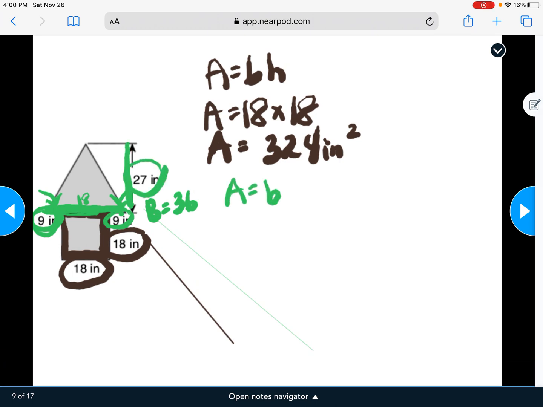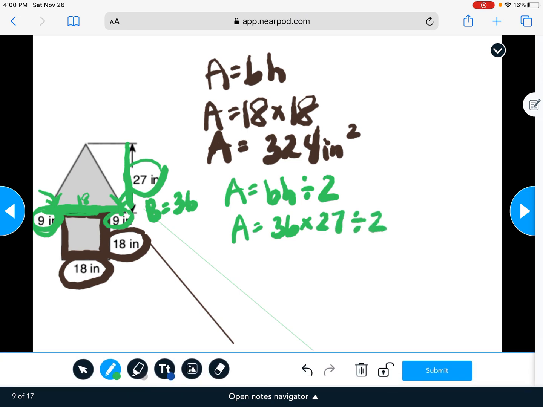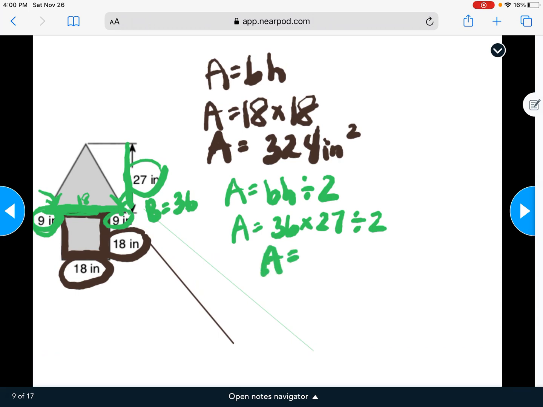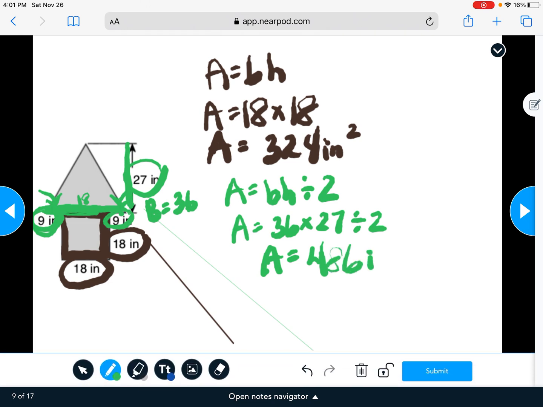So area is equal to the base times the height divided by 2, 36 times 27 divided by 2. 36 times 27 divided by 2 gives me 486 inches squared.